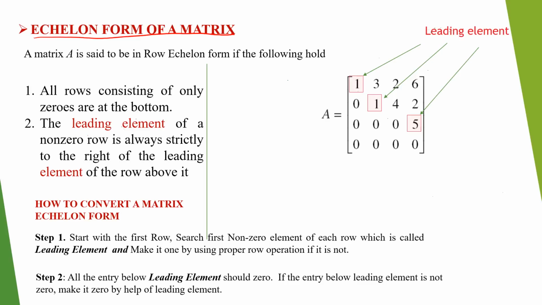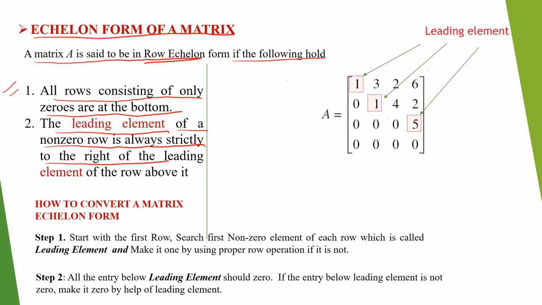A matrix A is said to be in row Echelon form if the following properties hold. The first one: all rows consisting of only zeros are at the bottom, and the leading element, that is called the leading element of a non-zero row, is always strictly to the right of the leading element of the row above.